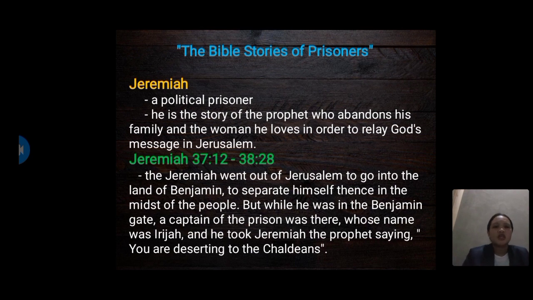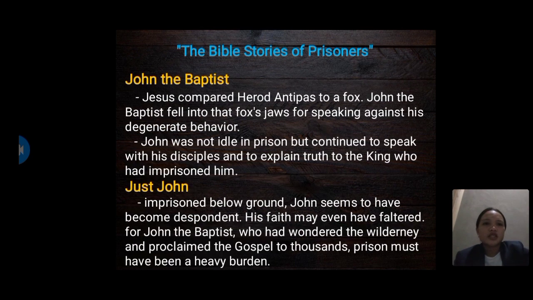Next is John the Baptist. Jesus compared Herod Antipas to a fox. John the Baptist fell into the fox's jaws for speaking against his degenerate behavior. John was not idle in prison but continued to speak with his disciples and to explain truth to the king who had imprisoned him.